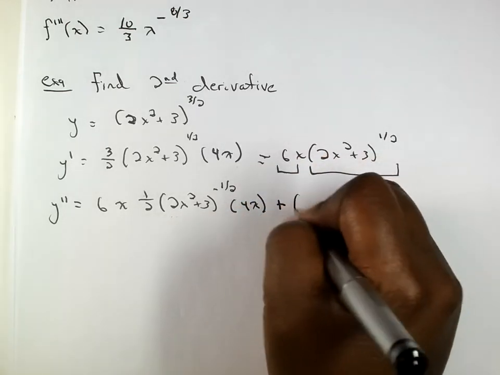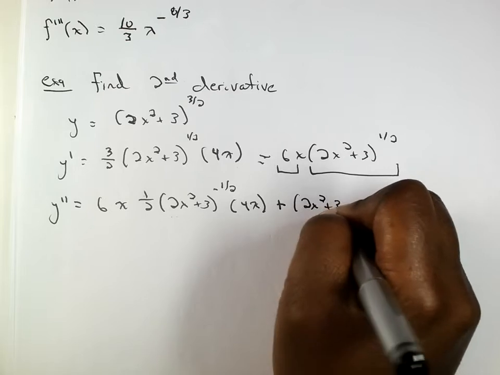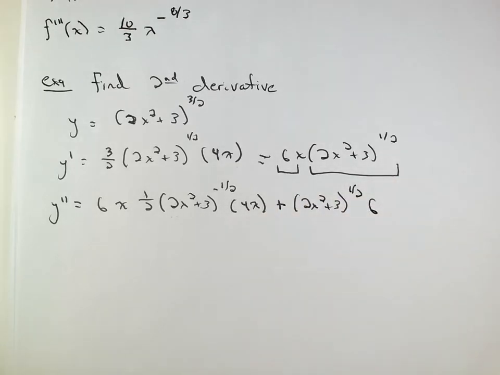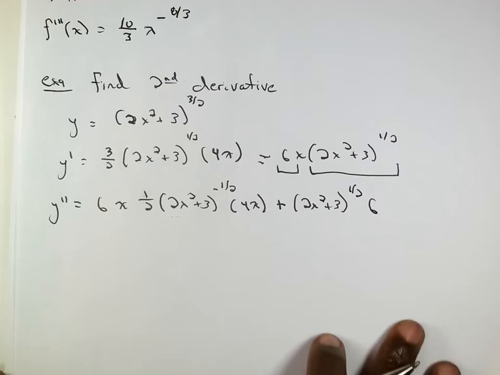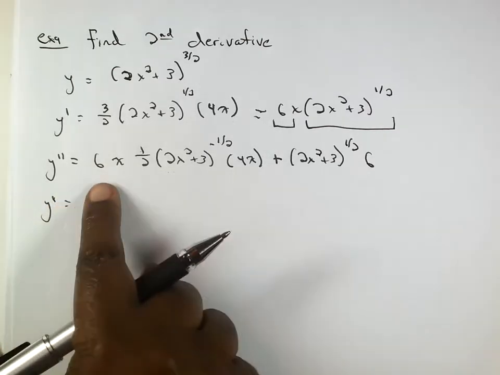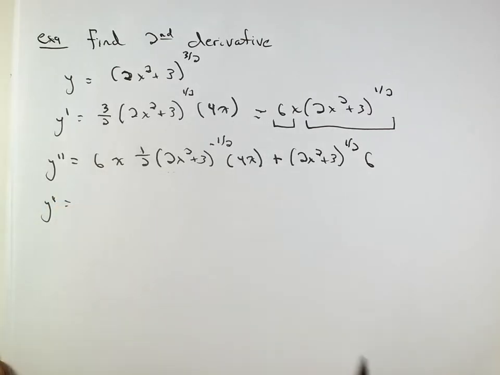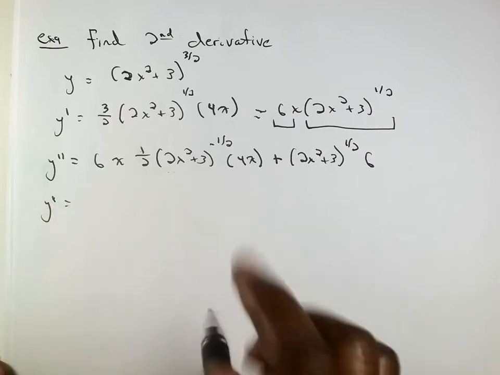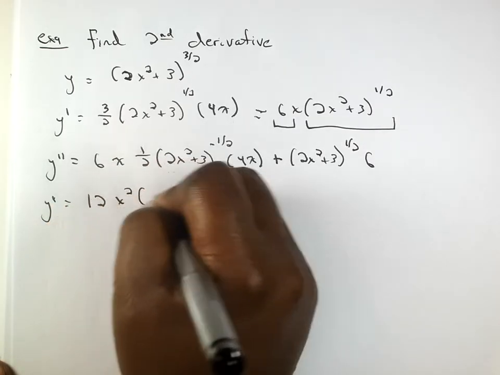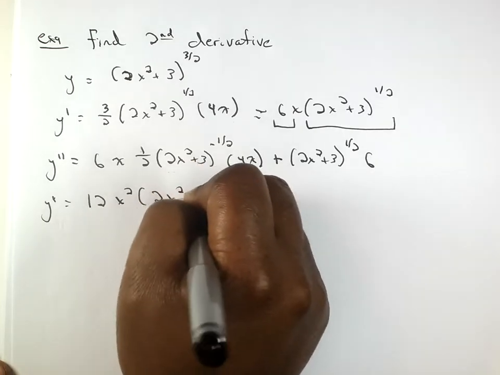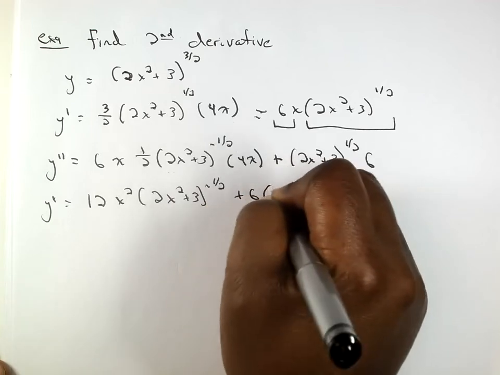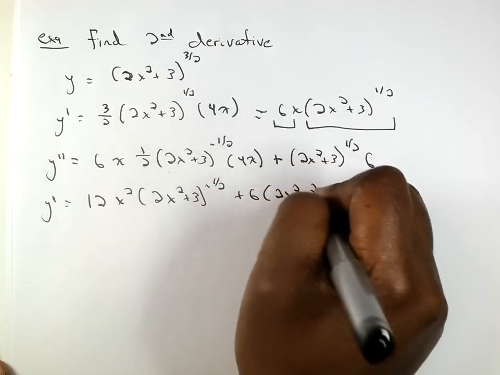For the second one, I have the 2x squared plus 3 to the 1/2 power, and then the derivative of 6x just gives me a 6. So I'm just going to clean it up again just a little bit. And the 6x and the 4x and the 1/2 multiplied together, I get 12x squared times 2x squared plus 3 to the negative 1/2 plus 6 times 2x squared plus 3 to the positive 1/2.